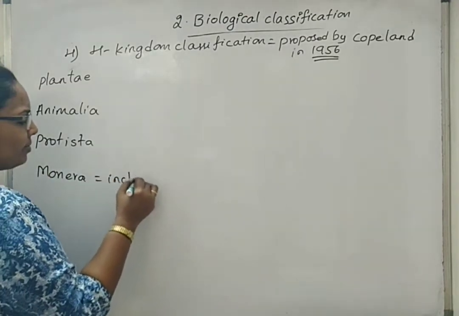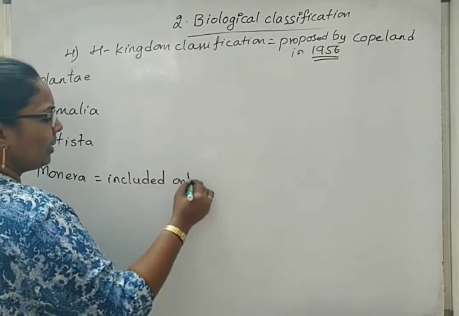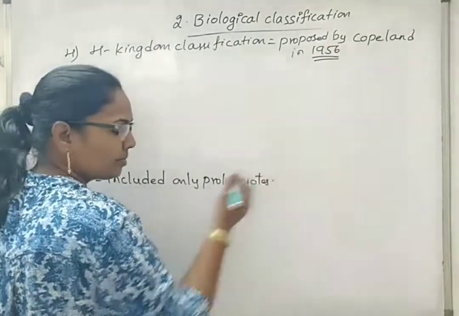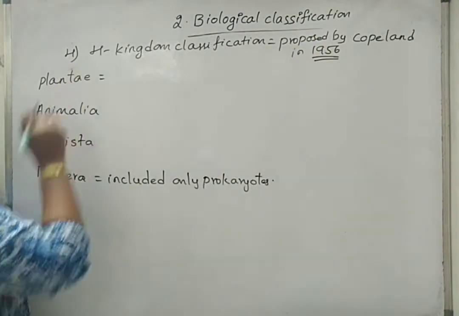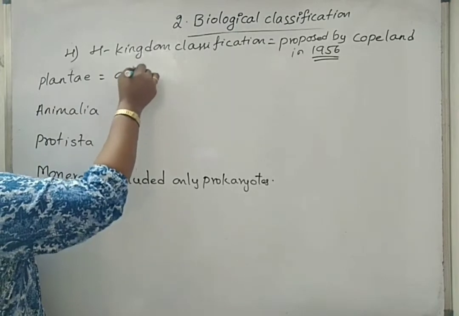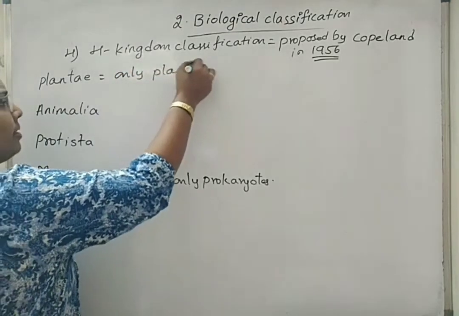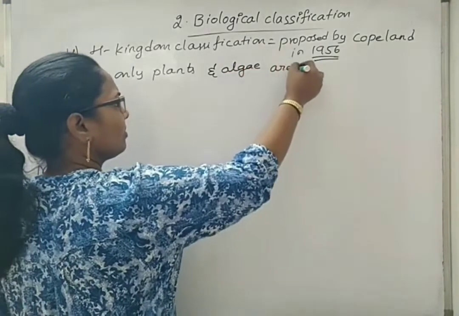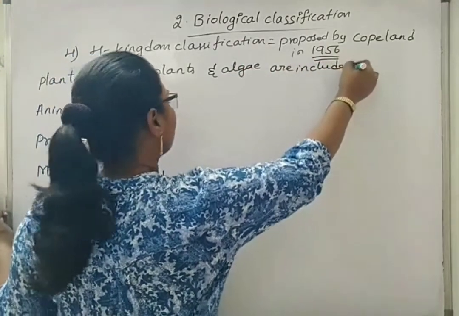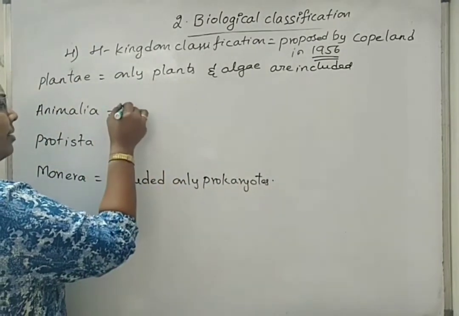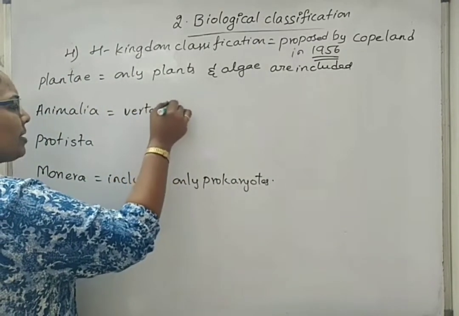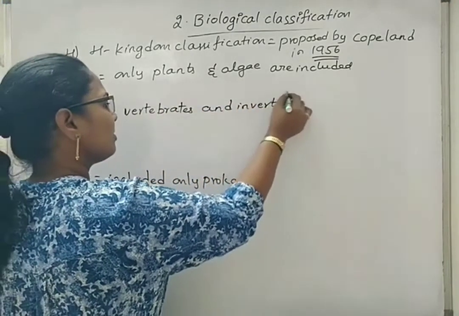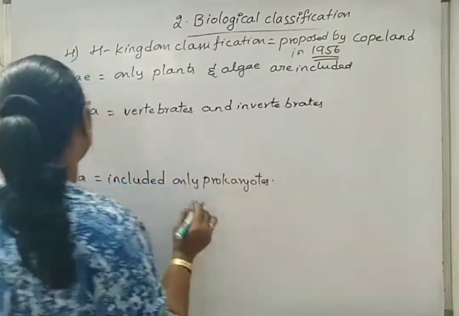Monera included only prokaryotes. Next, under Plantae only plants and algae are included. Under Animalia, vertebrates and invertebrates are included.